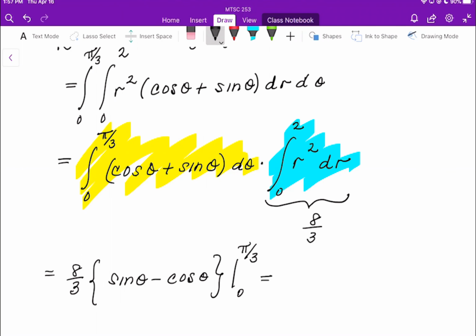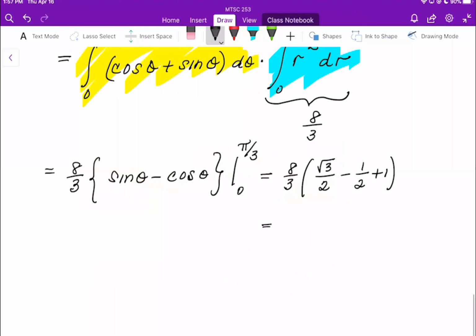So I get 8/3 times the root of 3 over 2 minus a half plus 1. So my answer is 4/3 the root of 3 plus 1.